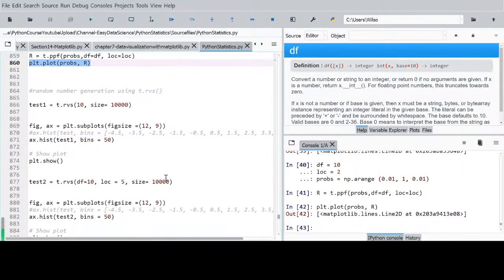So the last function is called RVS, to generate random numbers from the t-distribution. We can create, for example, 10,000 random numbers from a t-distribution with 10 degrees of freedom. So we use t.rvs, 10, size is 10,000.